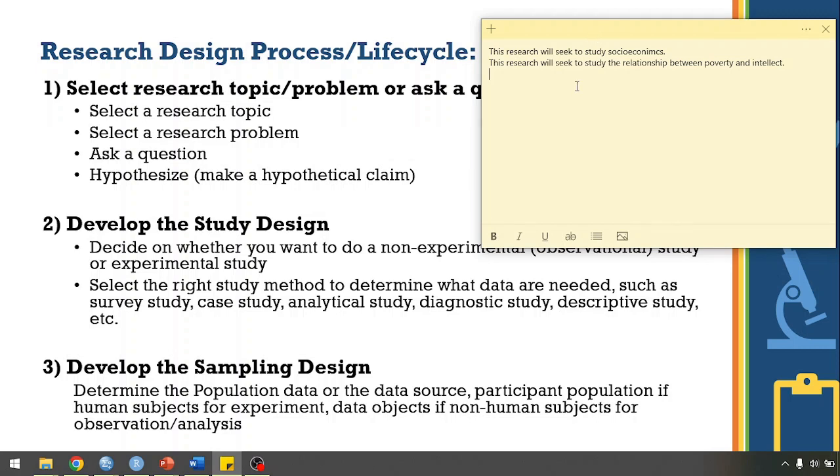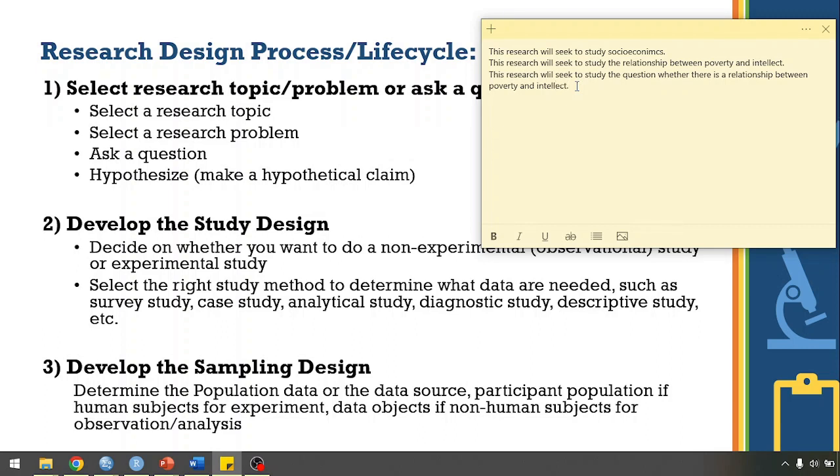Or you can also present a question. For example, this research will seek to study the inquiry or the question whether there is a relationship between poverty and intellect.